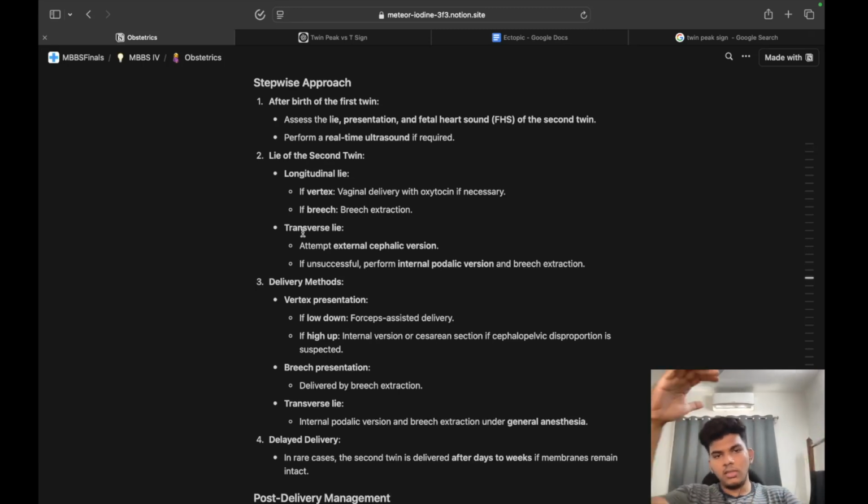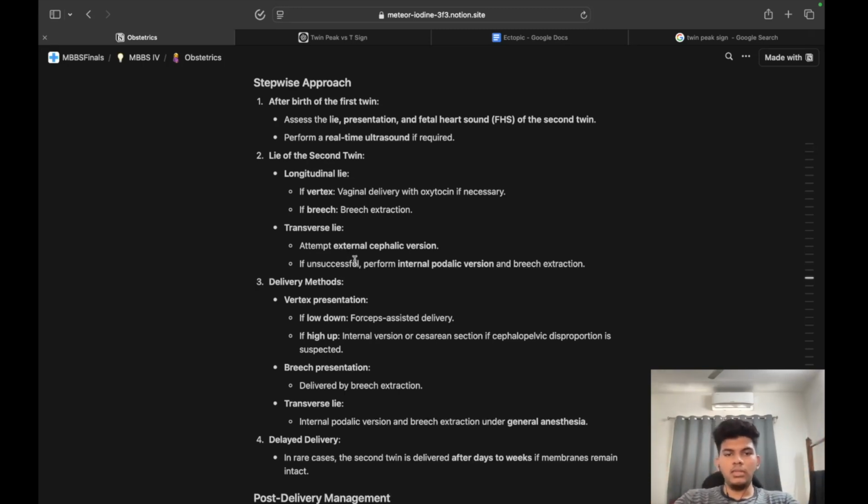Lie means the two poles of the baby, the fetal pole and the head pole, are longitudinal, top to bottom, superior to inferior. But in a transverse lie, the baby is like this, in cross section.